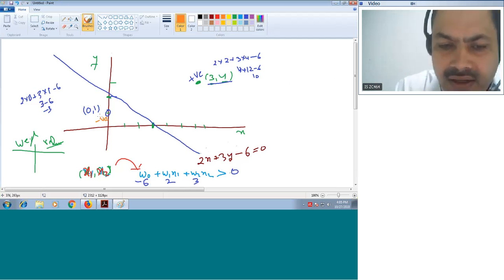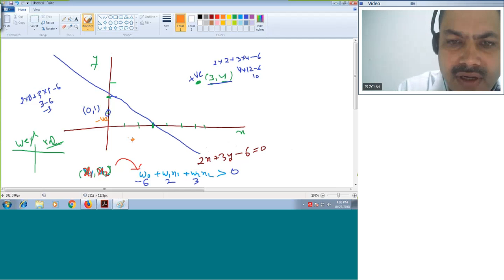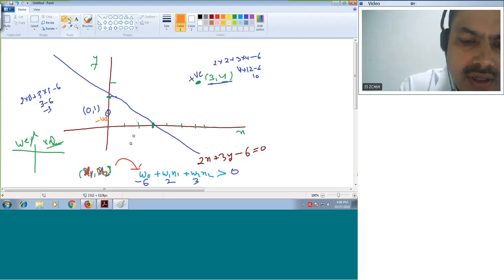Once again, let me find out what is the classification for this item. Let me just quickly move this point so that it becomes at some right place. So what is the classification of this item? If I want to find out the classification, first I have to find out its xy coordinate. So can you suggest what is the coordinate? x is 2 and y is minus 2. Okay.